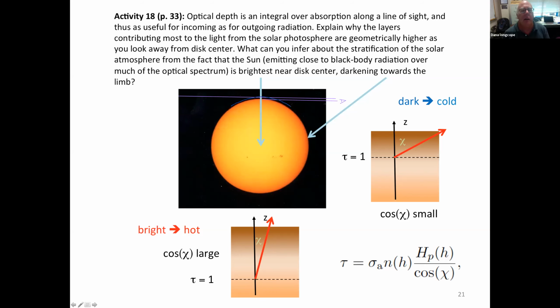Now, Will, what can you say about the line of sight, the optical depth along the bottom path versus the top path? Does everyone see what I'm saying?